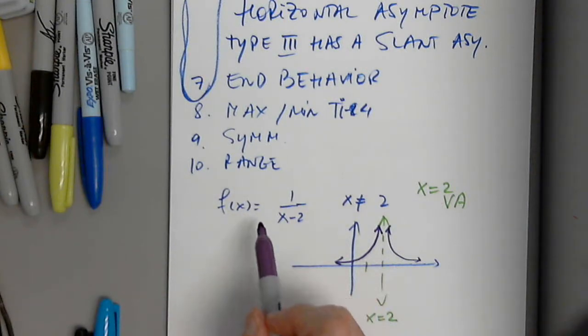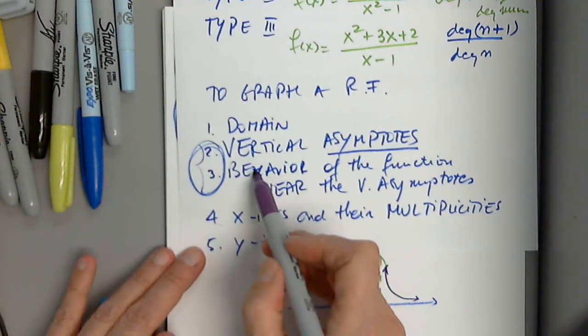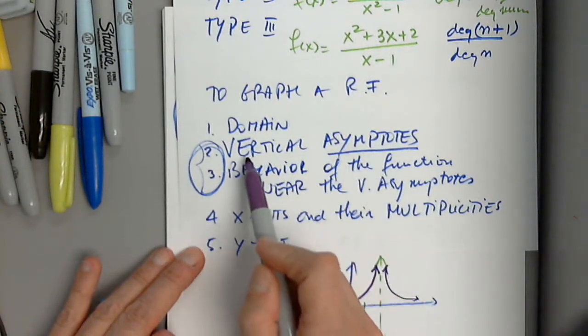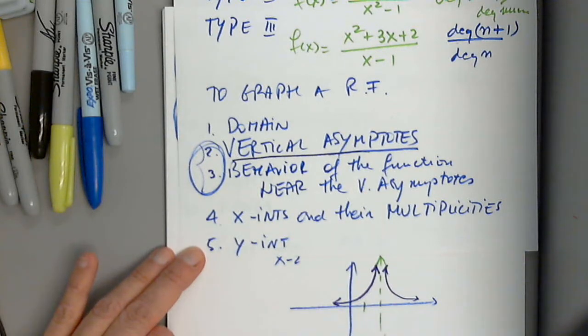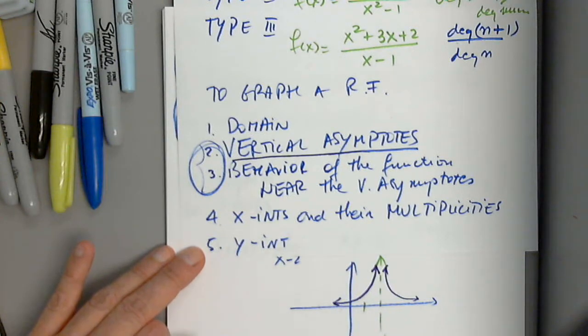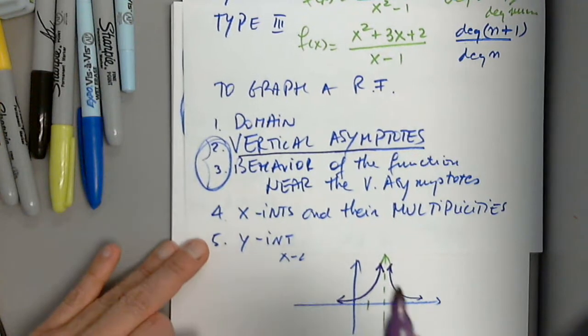So whenever a rational function is undefined, the function will have a vertical asymptote unless, of course, there is an unless, and I'll show you the example. So just keep in mind there is one exception, and I will get to that.